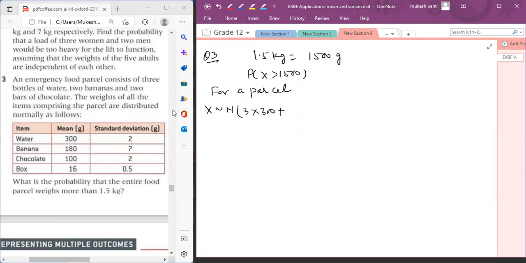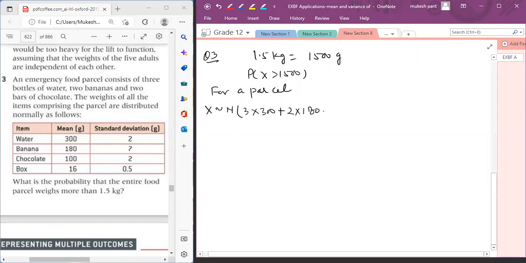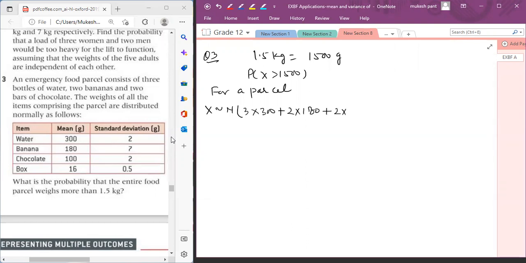Then there are 2 bananas, so 2 times 180 for 1 banana. Then there are 2 bars of chocolate, so 2 times 100 for 1 chocolate, including the weight of the box. The box is 16. So this is the mean.